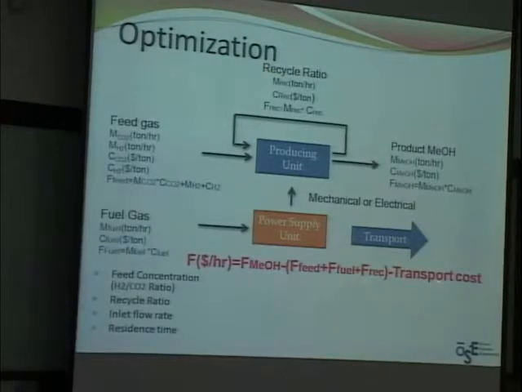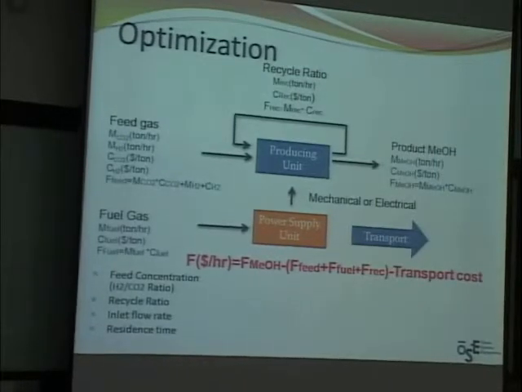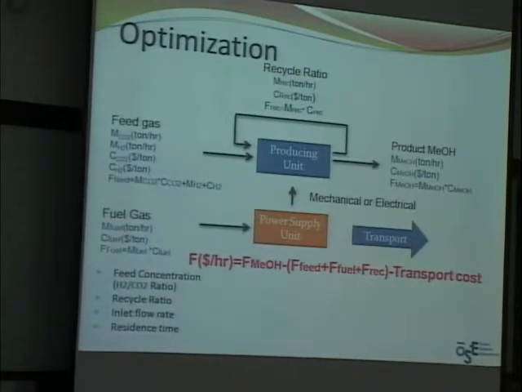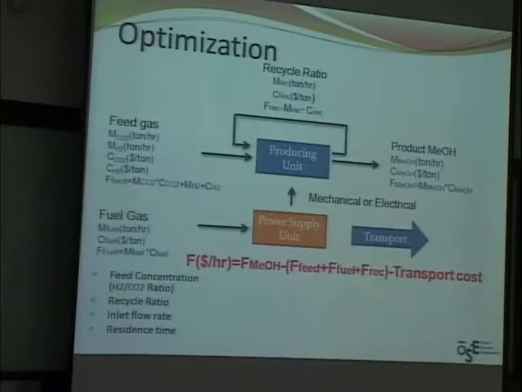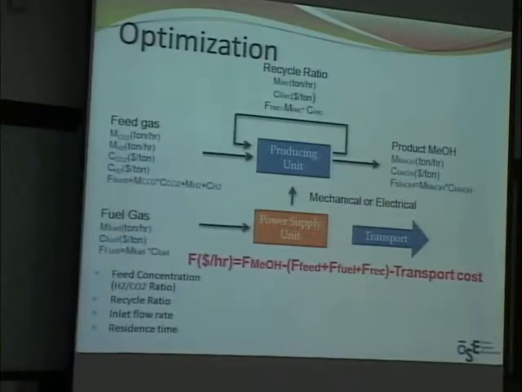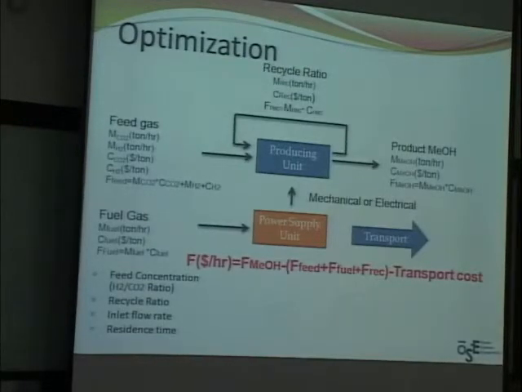But as you know, the transportation cost may be almost fixed for this project because the team A they determine the site. Therefore, we might think that the transportation may be the pipeline.